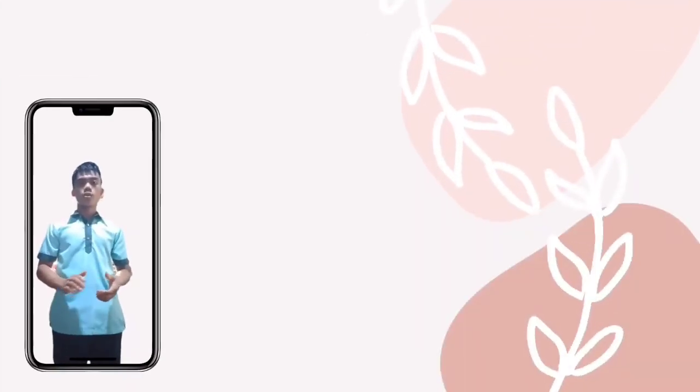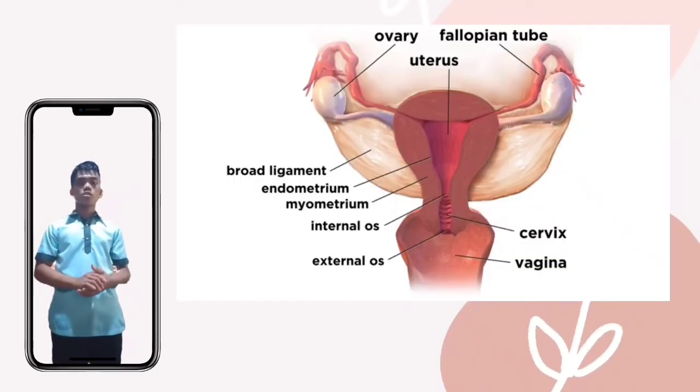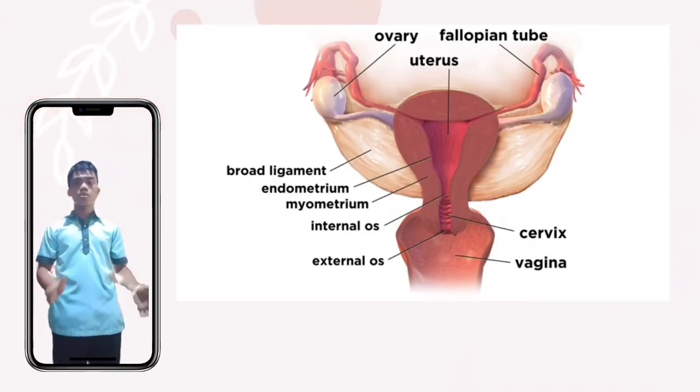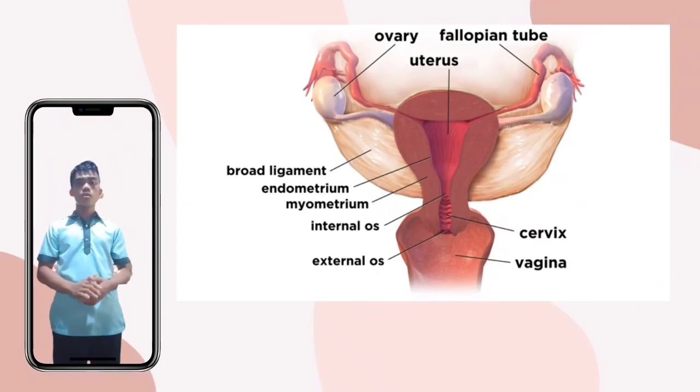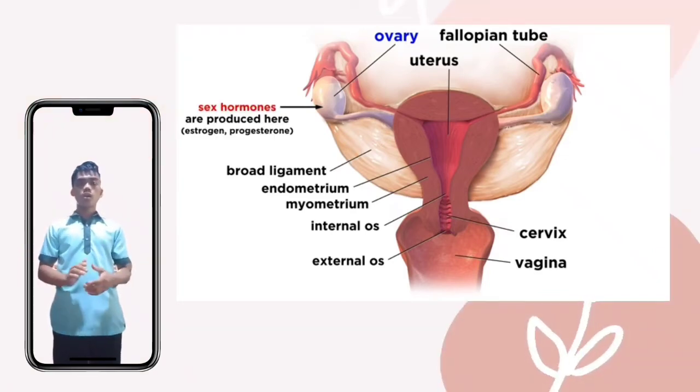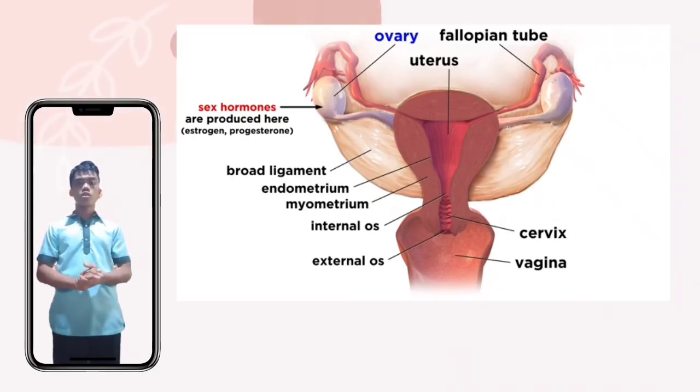Let us move on to the female reproductive system, which is quite a bit more involved. As we mentioned, the female gonads are called ovaries. Here, the female gametes are produced, which are egg cells or ova, as well as the sex hormones estrogen and progesterone.